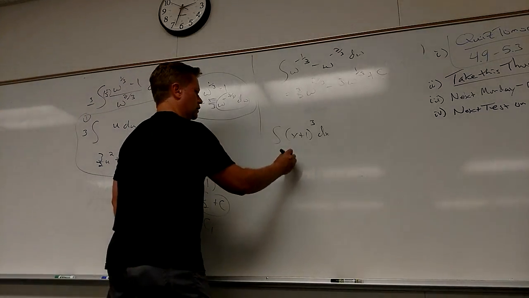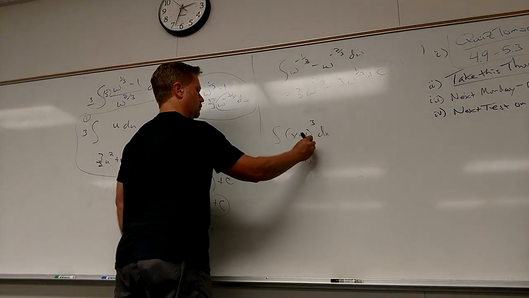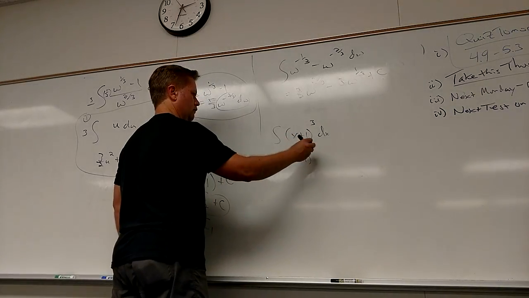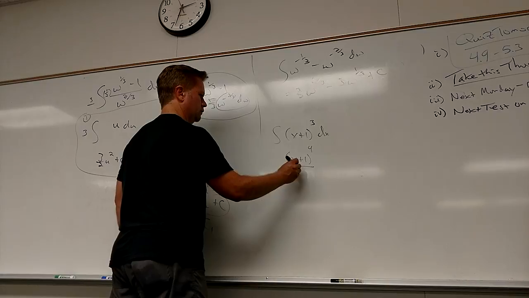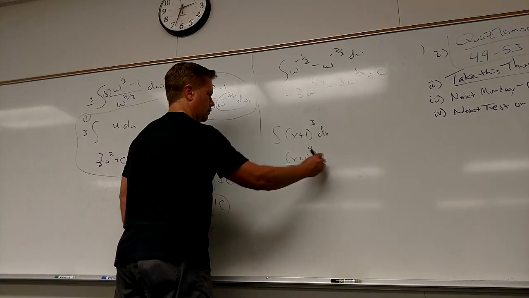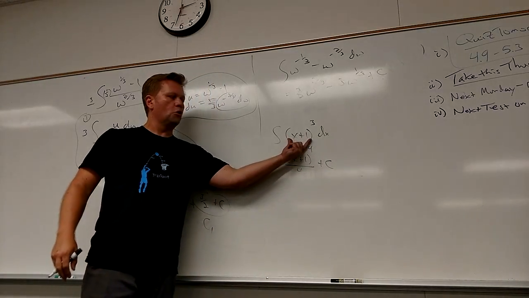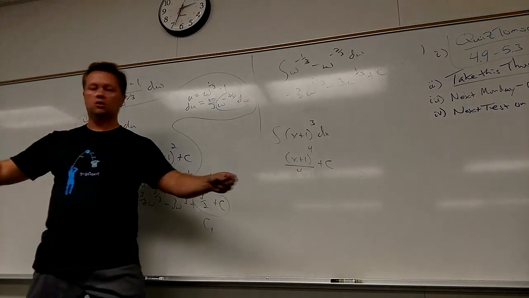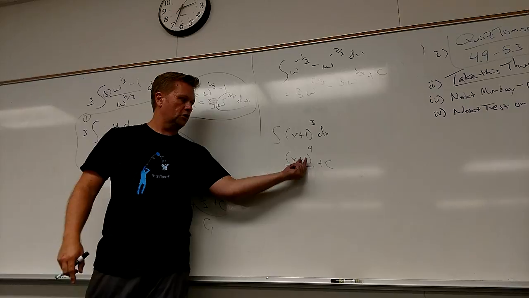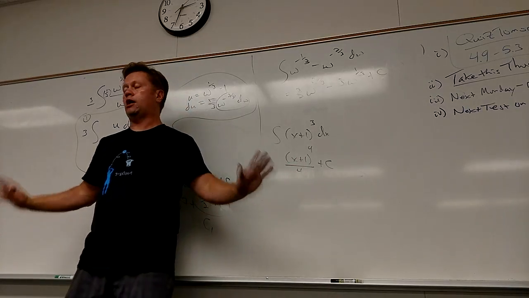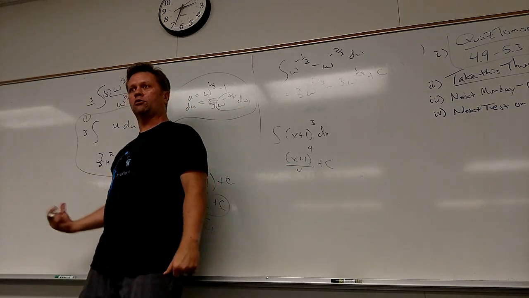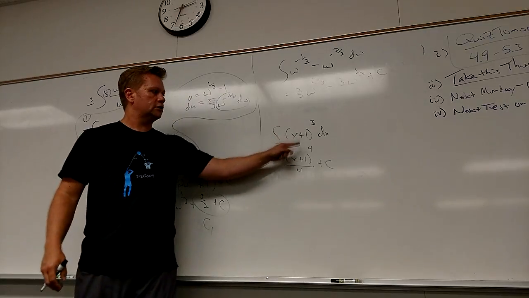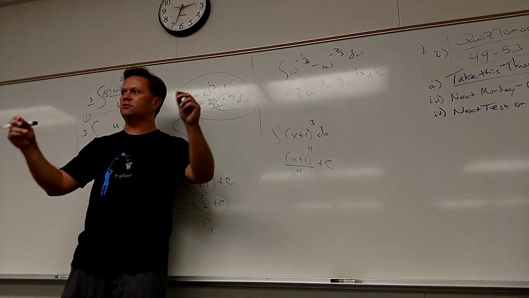So it'll be x plus 1 to the fourth, all over 4. Now, if you multiply this out first and then integrate each piece, you're not going to get the same answer I did. We'll be off by a constant, therefore we're not really different. It just gets rolled into the constant. It looks different because of the way I chose to do it.